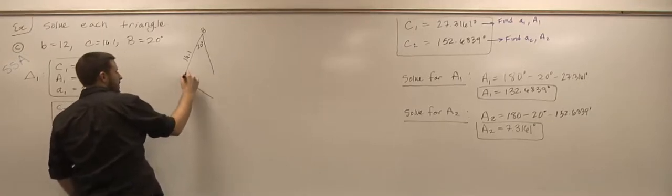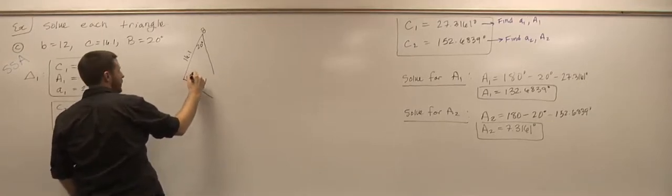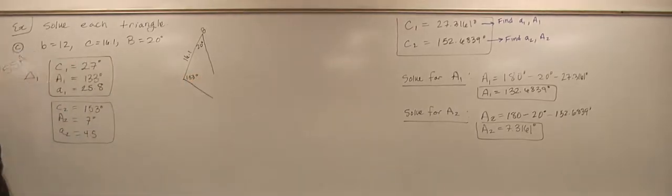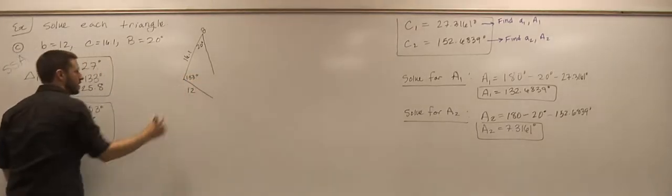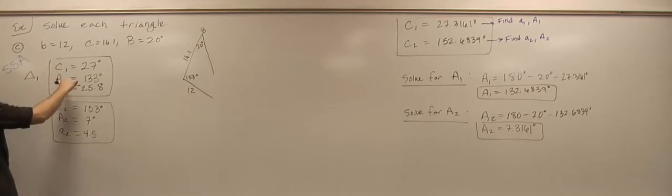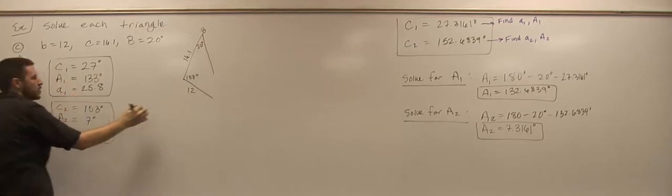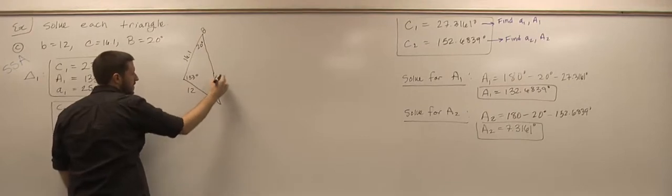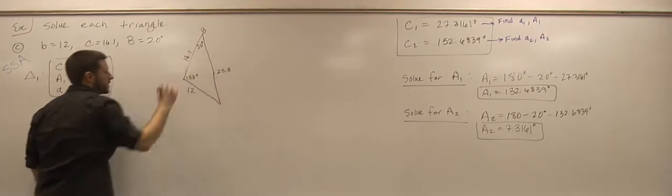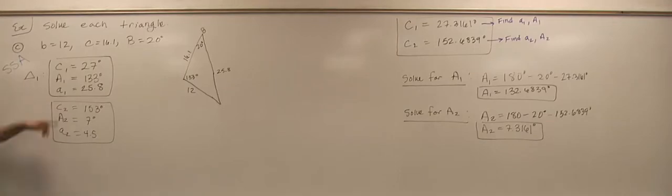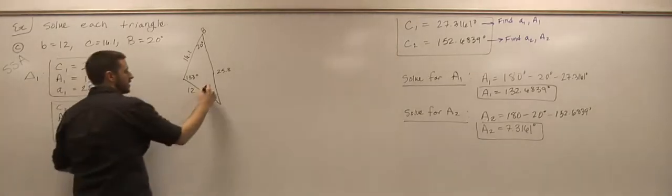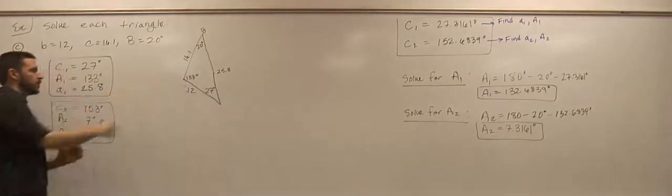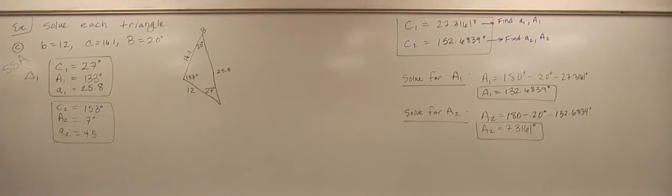So you will have a large angle here of 133, keeping this guy 12. And then you'll have a1 of 25.8. So this will come down and meet with this at 25.8 units. And then C1 will be 27 degrees. So this is the first triangle you can get out.